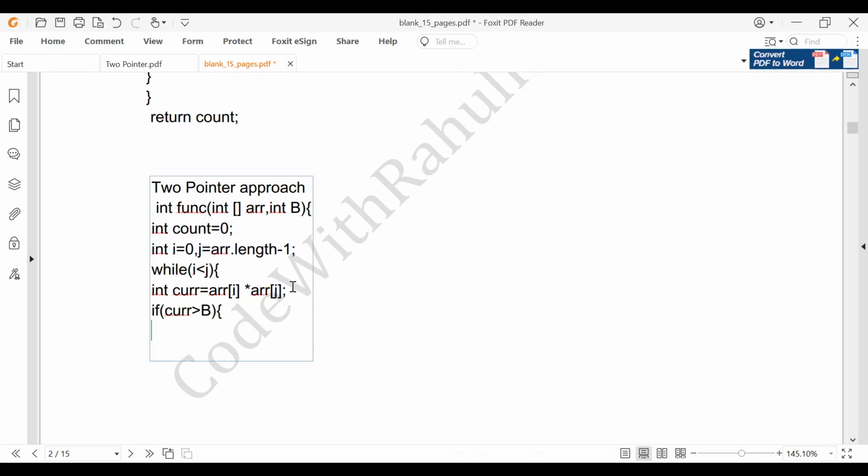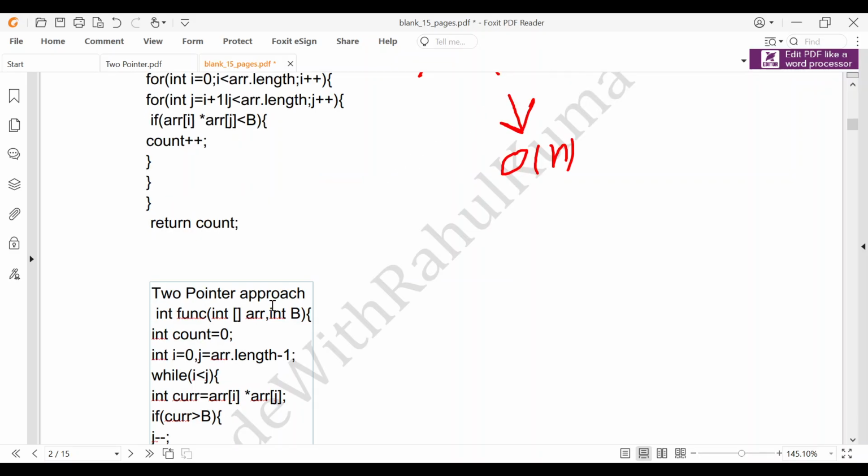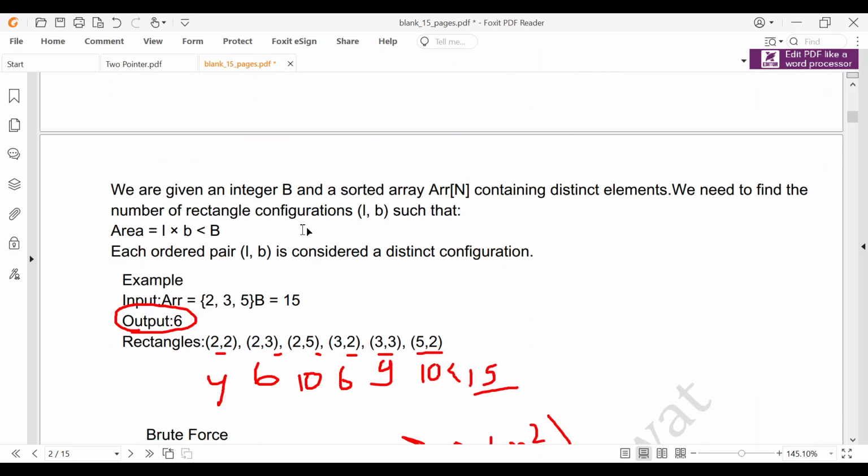In order to reduce it, we need to reduce array of j, so we do j minus minus. Else, the current multiplication is less than or equal to b, which is our condition.